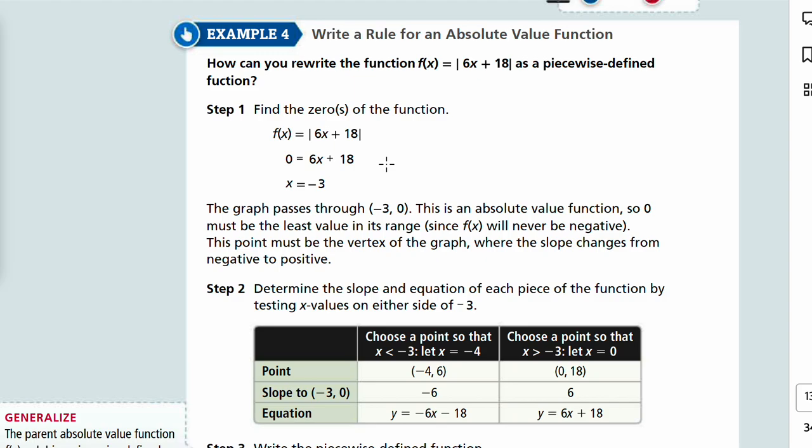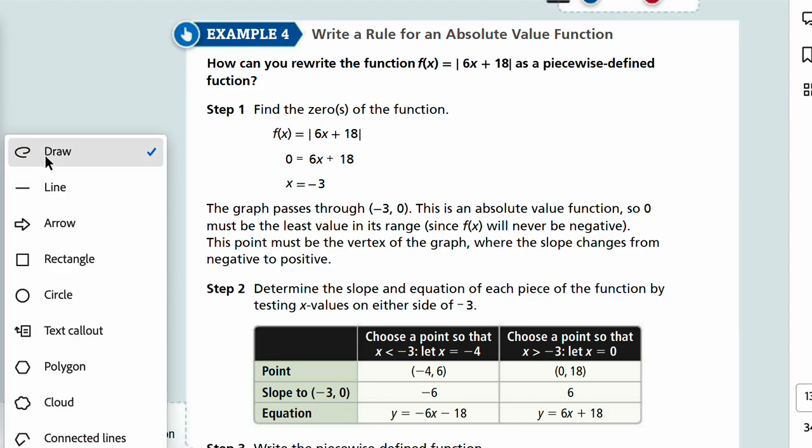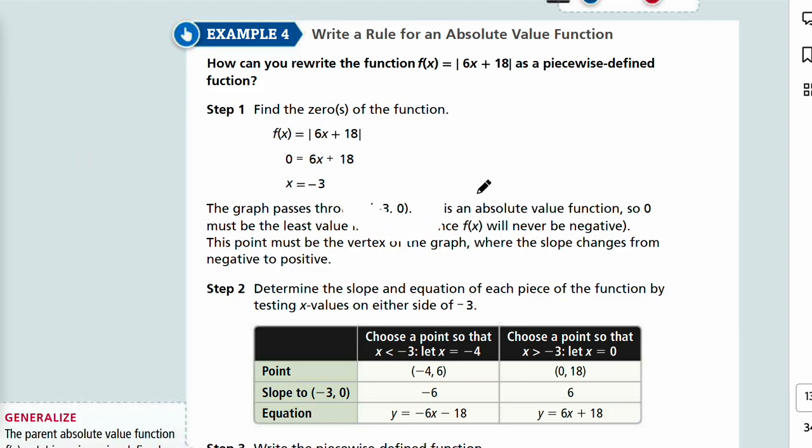Sometimes, a lot of times, there may be two different zeros because it is very common that you will find two x-intercepts for absolute value function. So the graph passes through -3, 0. And so this is an absolute value function.